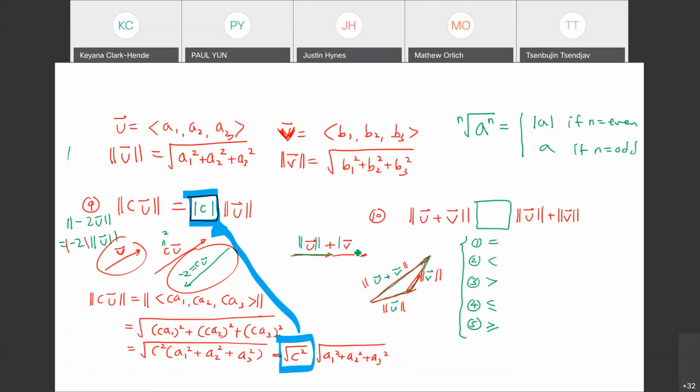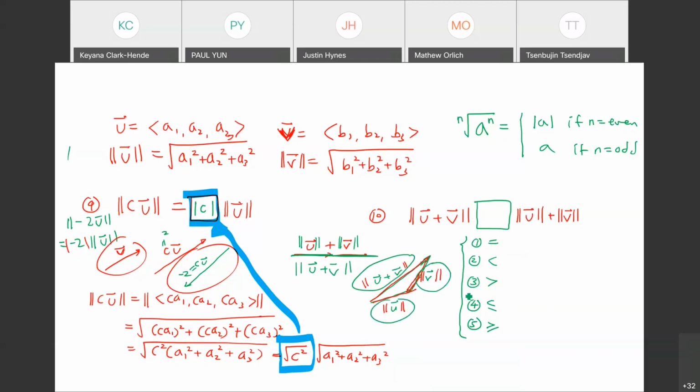Adding vectors doesn't mean always making a triangle. If they're parallel, what happened? It's basically u plus v, right? How about the length of those? Aren't they the same? If they're parallel, they're the same. Otherwise, one side is always less than or equal to the sum of these two.